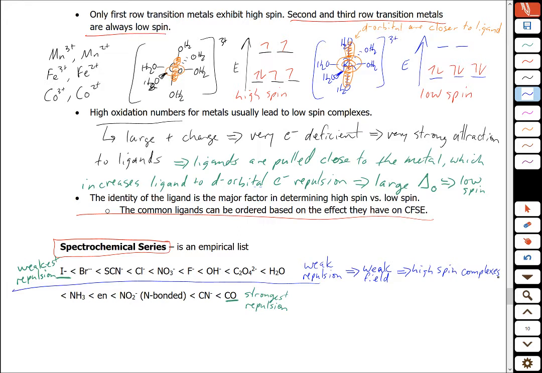Therefore, the splitting of the d orbitals is very small, and it costs us less energy to put electrons in every orbital before pairing them.